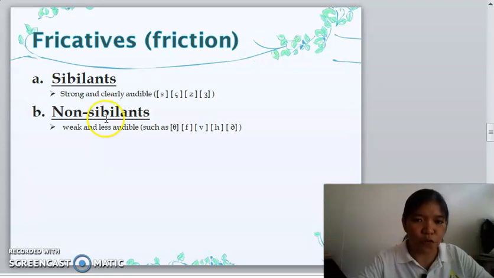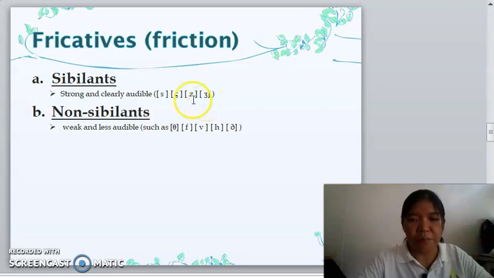So let's go further. Fricatives, as I have told you a while ago, is friction, and we have here sibilants, meaning these sounds are strong and clearly audible. For example, the sound of S, the sound of SH, the snake-like sh, the sound of Z, and the sound of ZH.